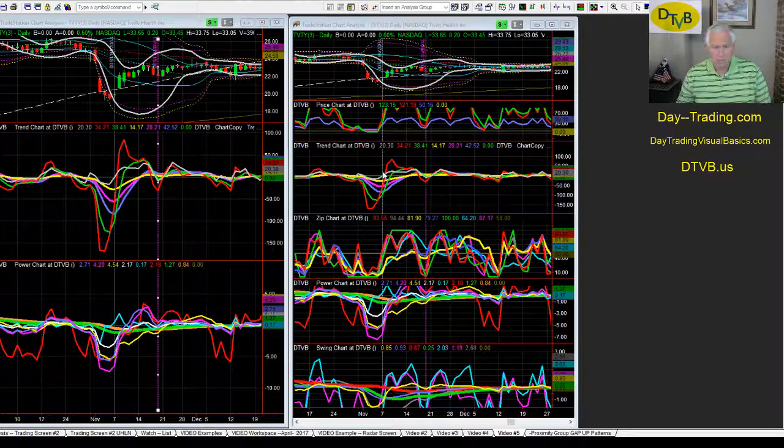So this is the point that I'm trying to make, and that is that all gap or all large patterns may not function like you think they should function.